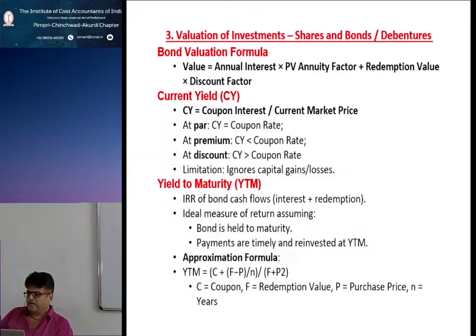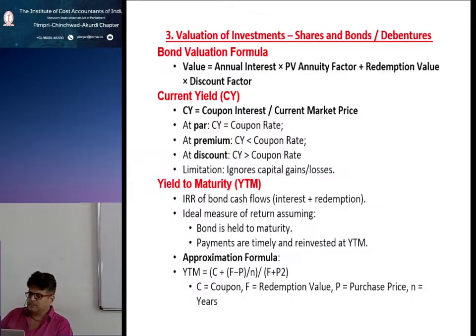Then comes YTM, that is yield to maturity. It is the IRR, the internal rate of return, of the bond cash flows, that is interest plus redemption. YTM is the ideal measure of return assuming that the bond is held to maturity, and payments are timely and reinvested at YTM.